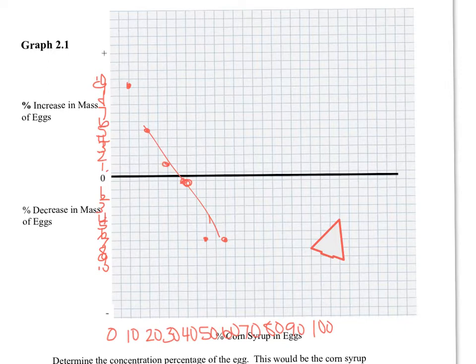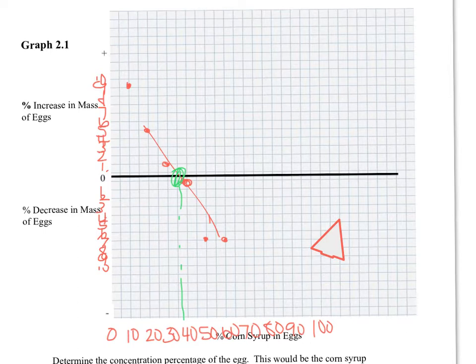What I'm looking for here is the point where my line crosses that solid black line in the middle, where 0 is. Let me get a different color here. I'll circle it on mine. So I'm looking at this point right here, and I'm going to go down on my graph to the axis on the bottom, and whatever number that crosses with, that's the percent you're putting on the line on the bottom of the page.